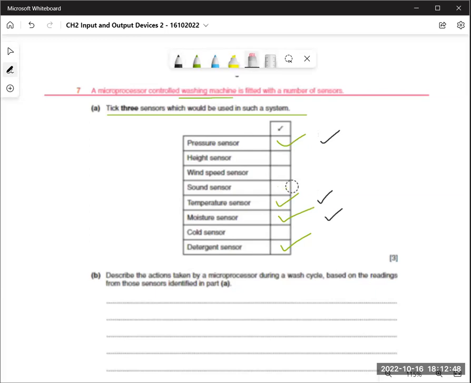Maybe sometimes, I think this could be an answer actually, because some are voice controlled, automatic, but the mark scheme is not choosing this as the answer. We have to follow the mark scheme, right? Also, Rania, there's nothing called a detergent sensor. It does not exist.